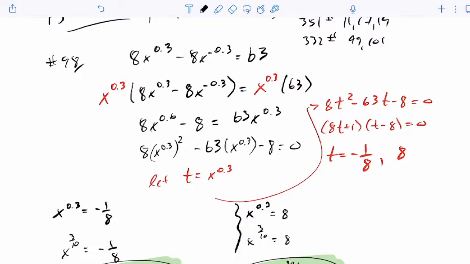Okay, several people wanted 99, so I'll take care of 99 right now, since that was asked a couple times.